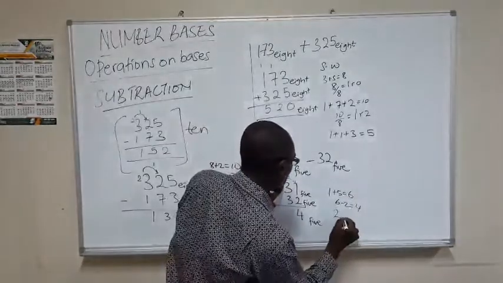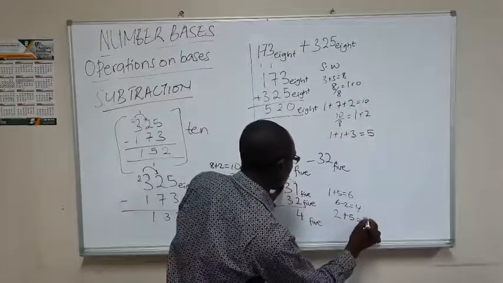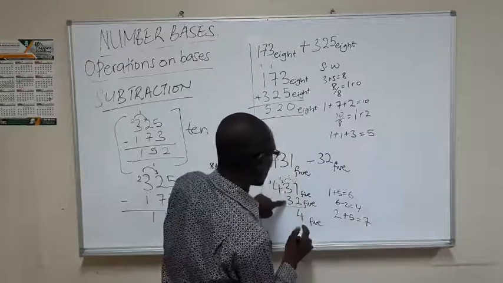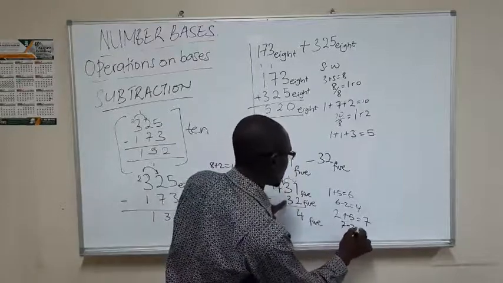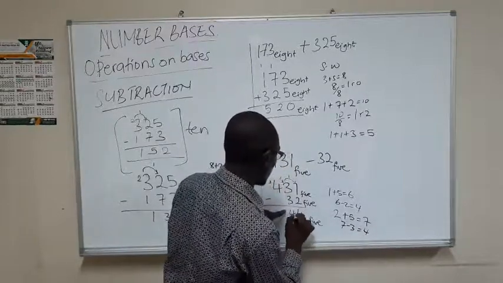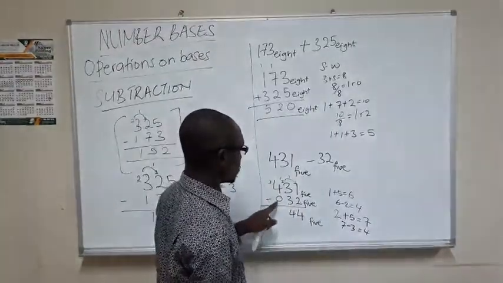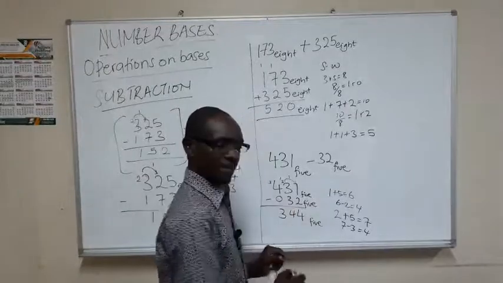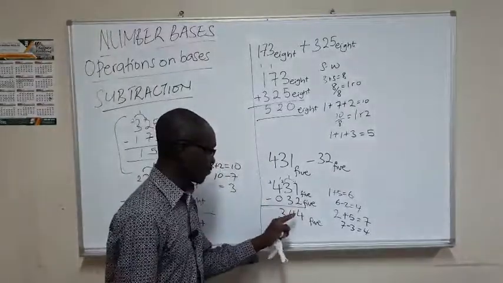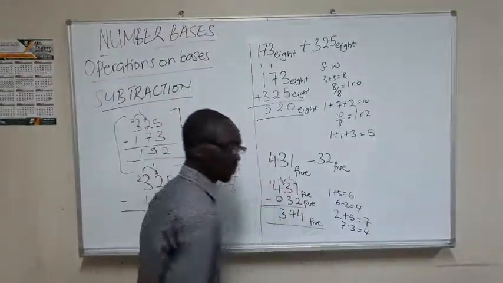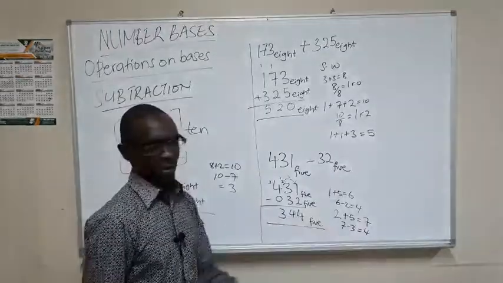It will be 2 plus 5, getting 7. Now 7 minus 3, I also get 4. Here, 4. Now here there is that innocent 0. 3 minus 0, getting 3. Therefore, our answer is 344 base 5.